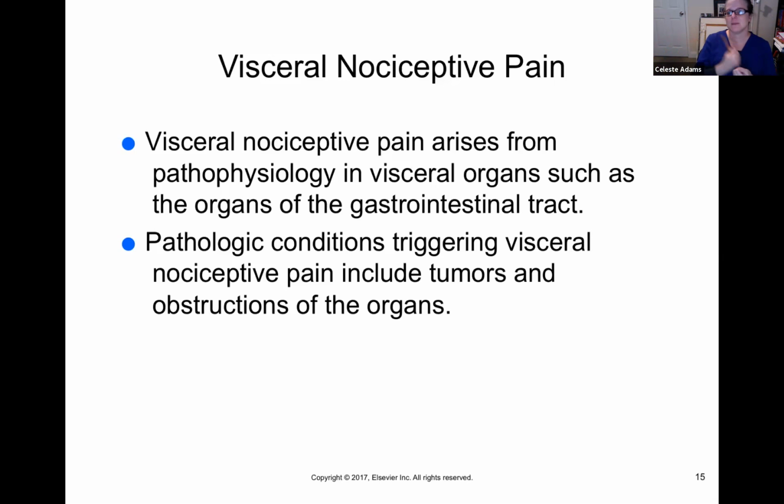Sometimes the bowel can turn on itself and obstruct itself. So those would be some examples of pathologic conditions that would trigger visceral nociceptive pain. Any questions?